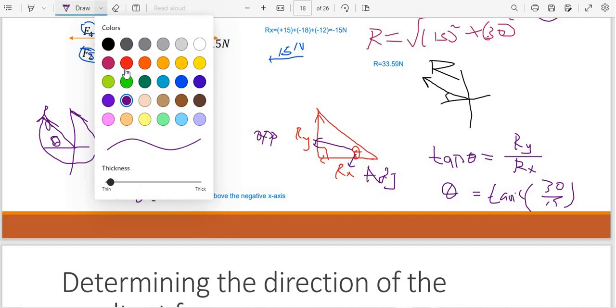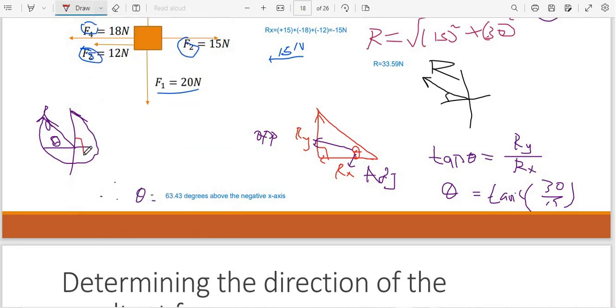How do we find that angle? That will be from there to there 90, plus another 90, which is 180, plus another 90, 270, plus the acute angle, which is 63,43. And remember, I said in the previous video, when you write down the bearing, you write it as a 3-digit number.